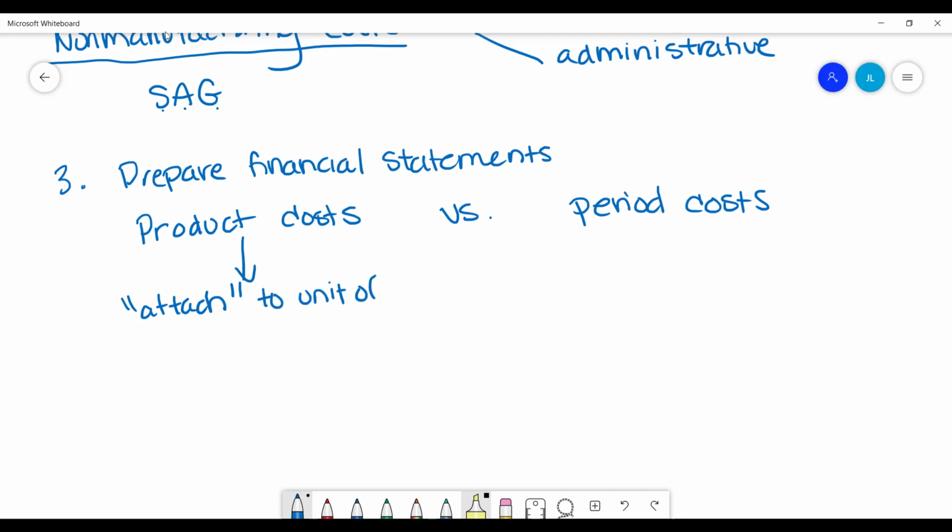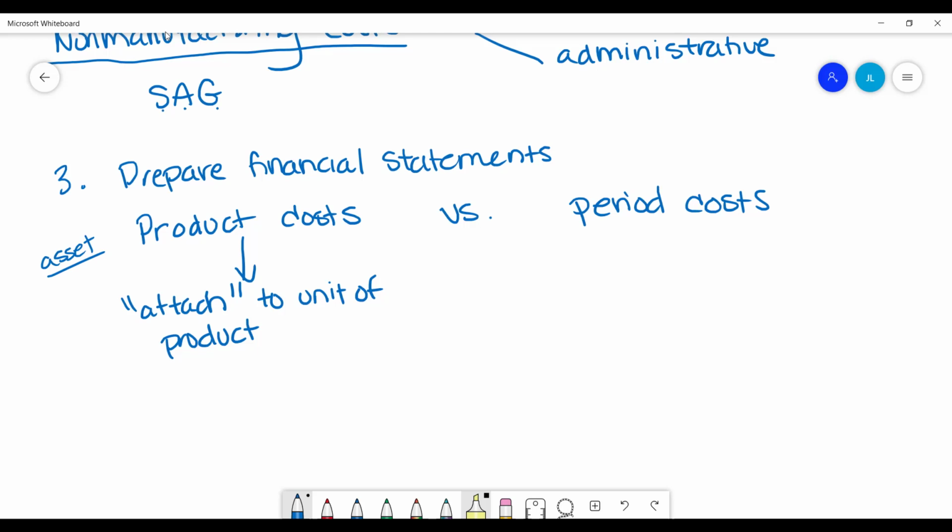Because if a product is still sitting in inventory, its costs are sitting in inventory, and it's considered an asset until it is sold. So this is going to sit in that inventory account until we actually make a sale.